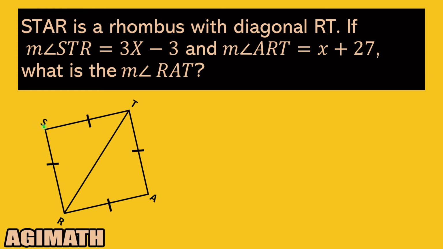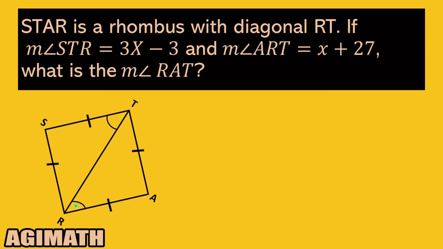Where is the angle formed? The angle formed is here. So that is angle STR, and the measure is 3x minus 3. Another angle given is angle ART. So where is the angle formed? Okay, it's here, angle ART.